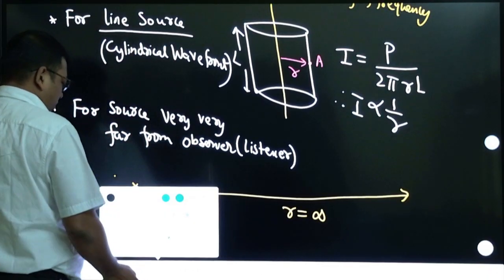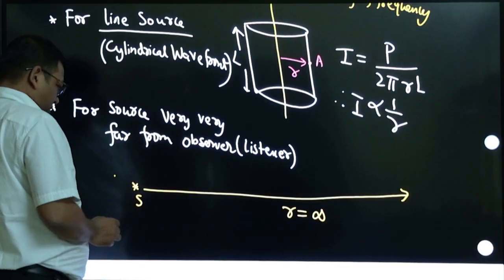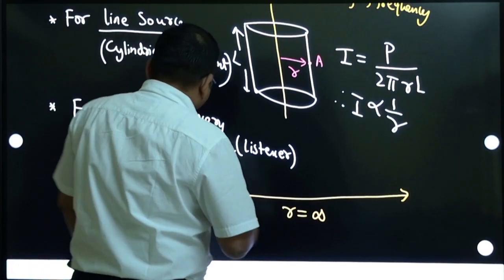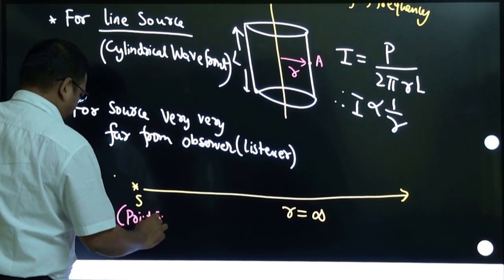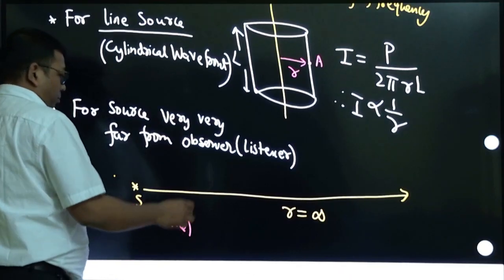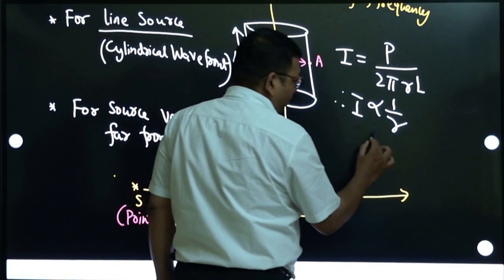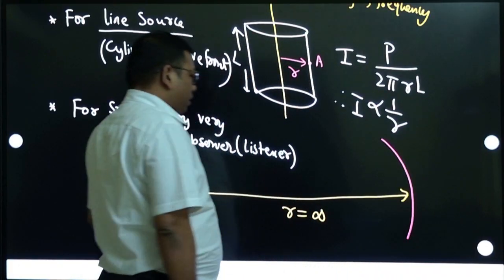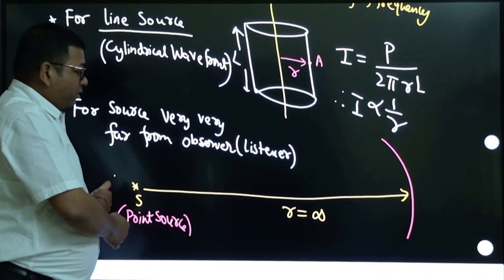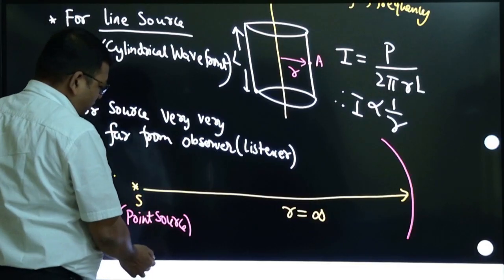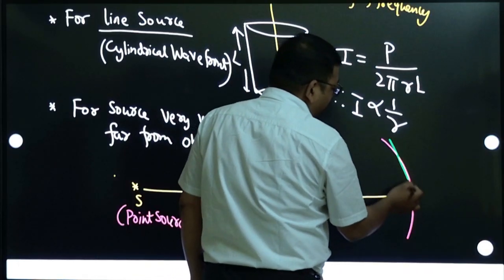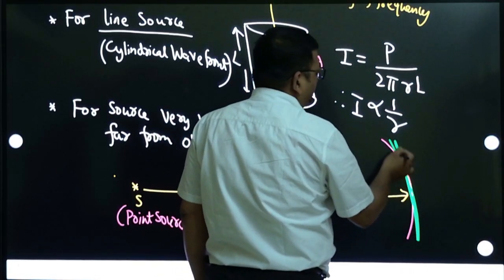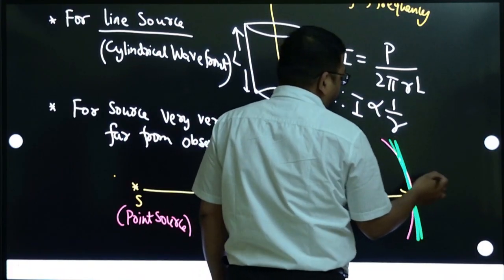So for such a distance, you can consider the source like a point only. It is a point source, but the distance is very far away. So even if you try to draw a sphere with this as the center, the radius of curvature is infinity, which means this is almost like a flat surface.